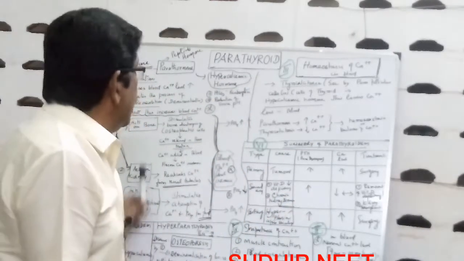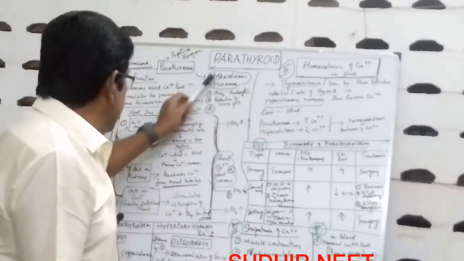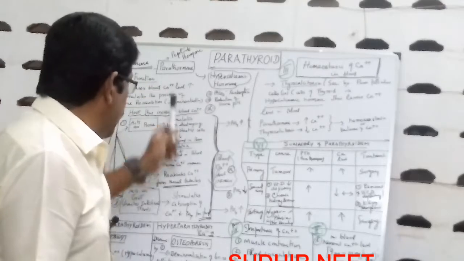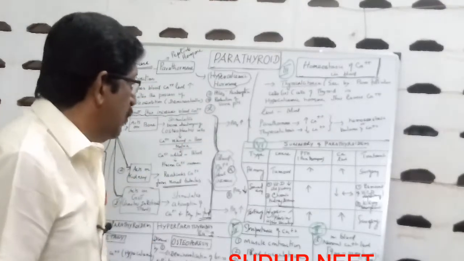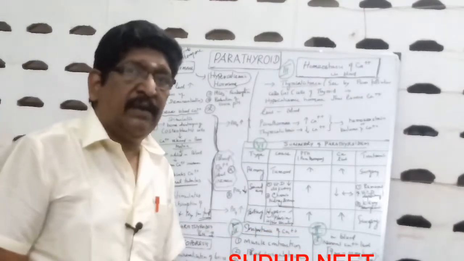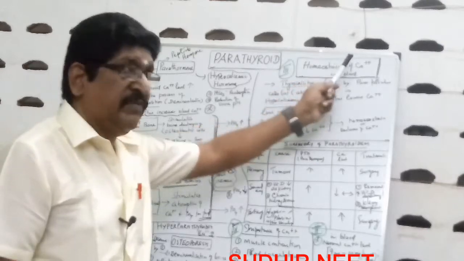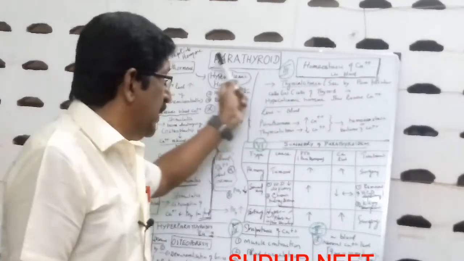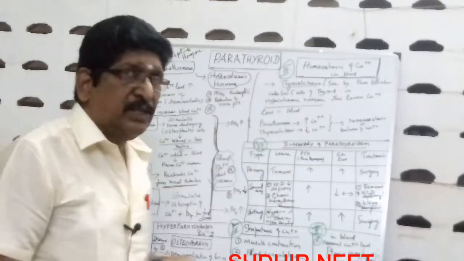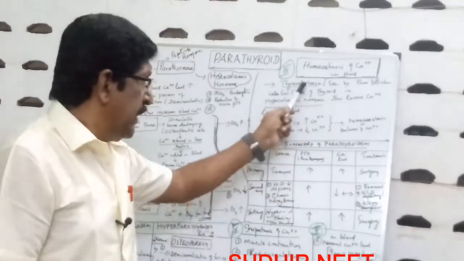So these are all the things about the parathyroid gland. So we have seen the hormone, parath hormone, hypercalcemic hormone, and then the normal blood calcium level, how this calcium level is maintained, homeostasis of calcium, by this parath hormone and the thyrocalcitonin. Parath hormone is a hypercalcemic hormone.